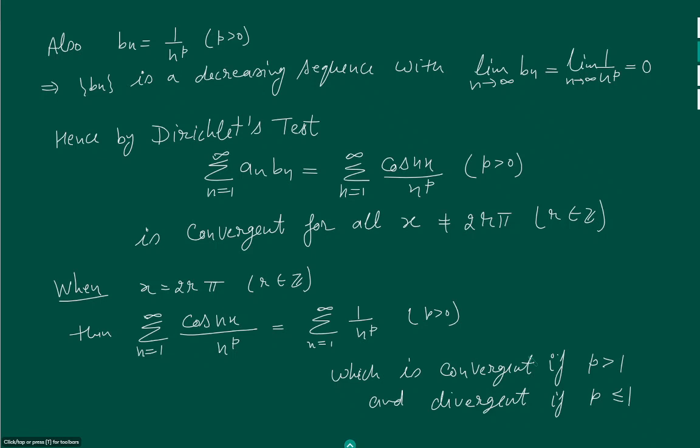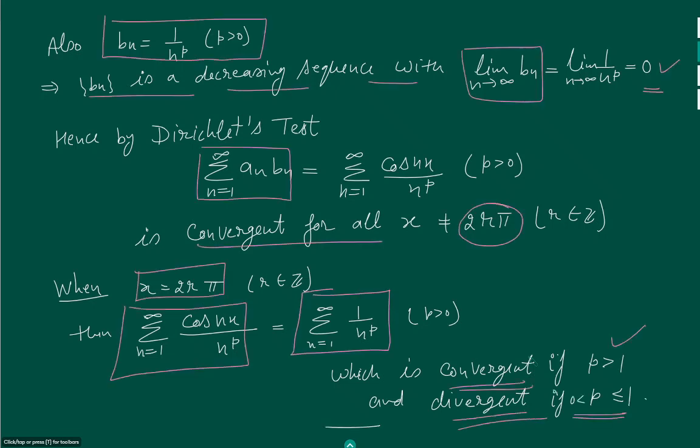This is the p series. And when x is not a multiple of 2 pi, then by Dirichlet test the series summation an bn is convergent. So I hope this is all clear to you.